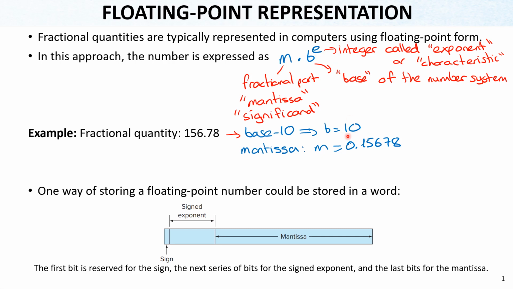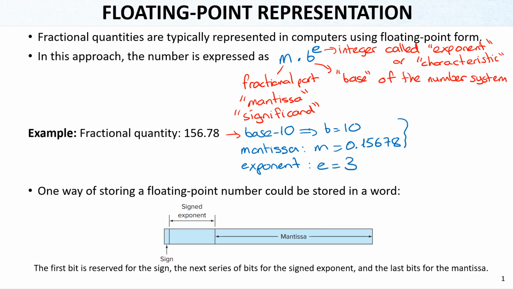If e is 3, we will have here 1000 and multiply it by this, it will give us 156.78. So the exponent then is 3.